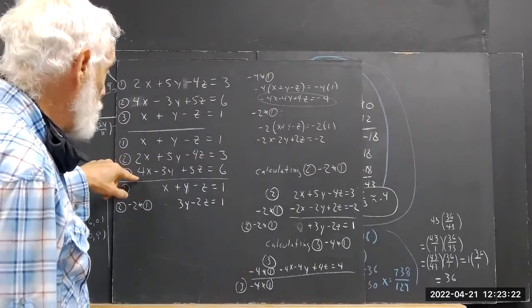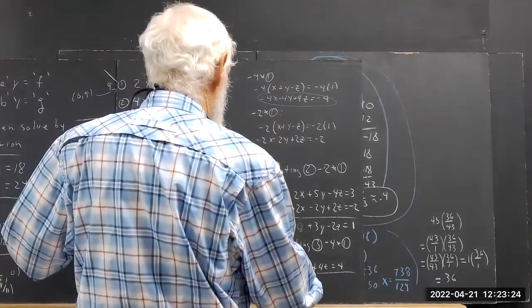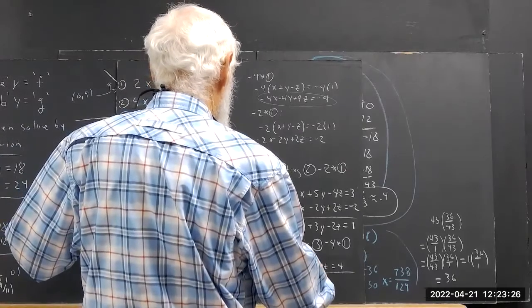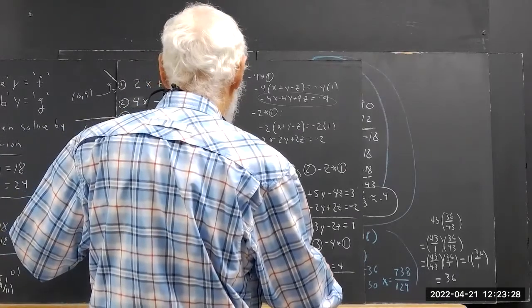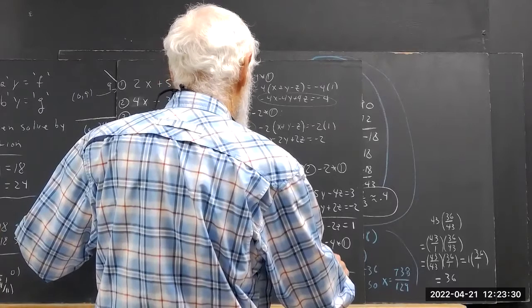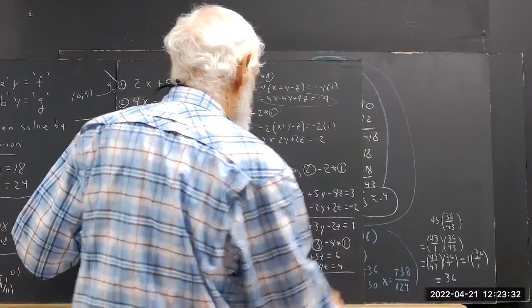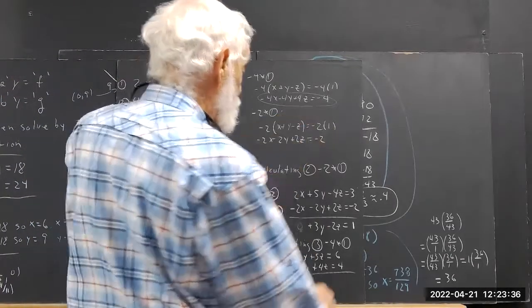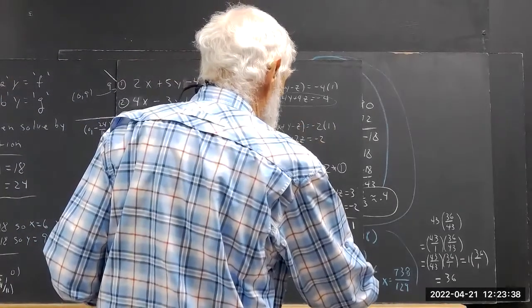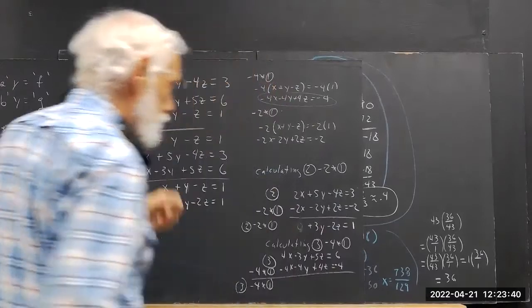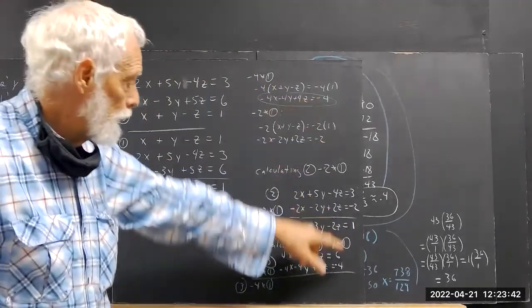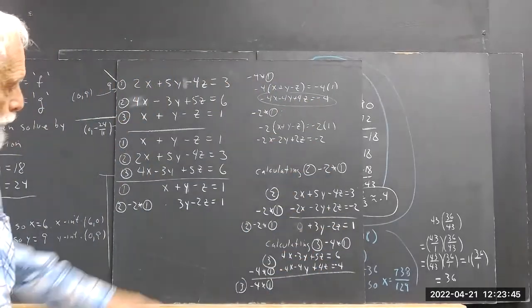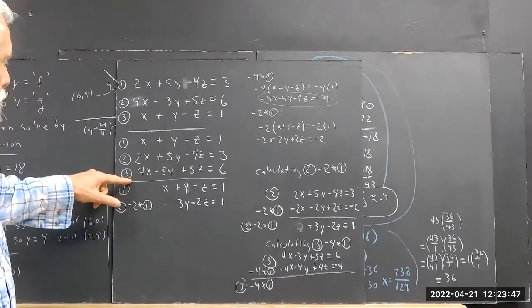So we write down equation 3, which is 4x minus 3y plus 5z equals 6. And you know, when I copied this down, keeping with my apparent inattention today, I didn't get the negative sign, but there it is. Okay, so I copied down equation 3.